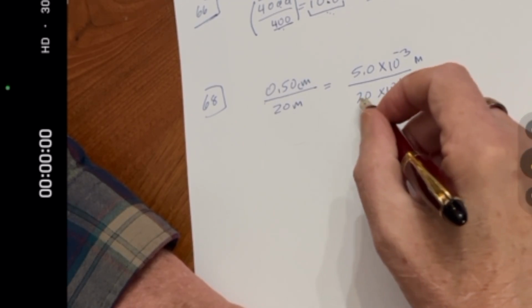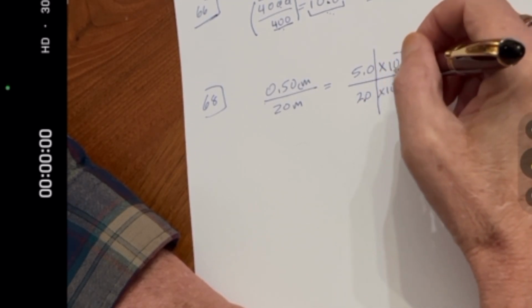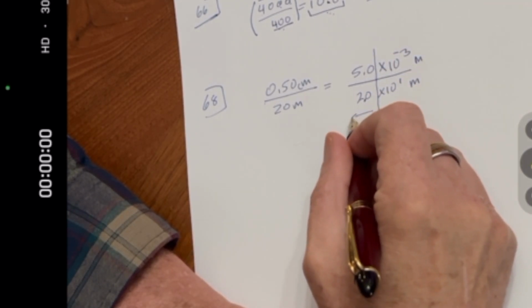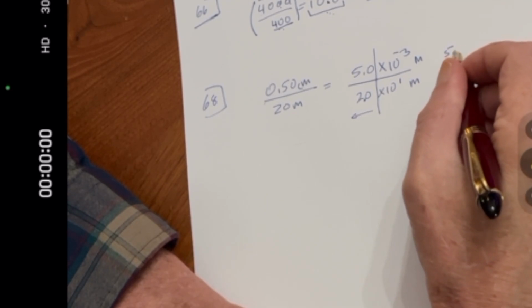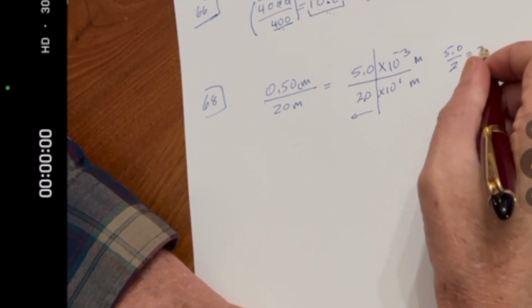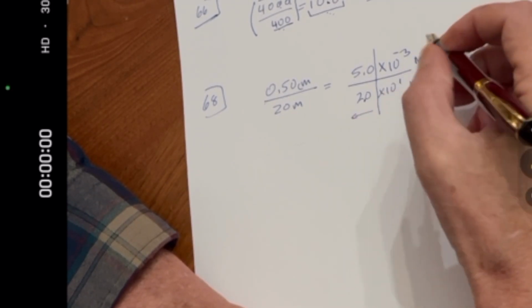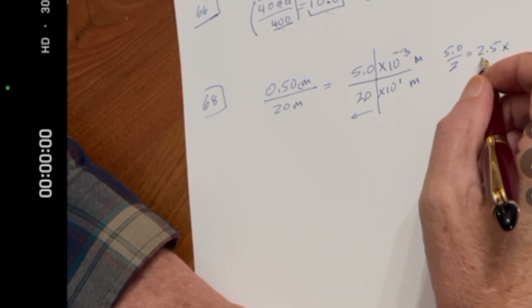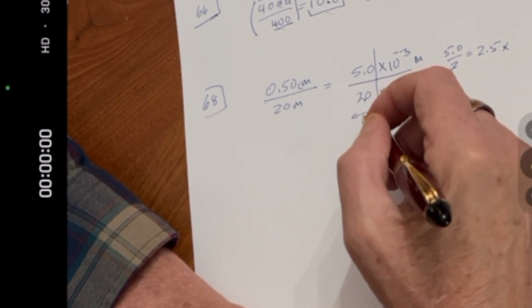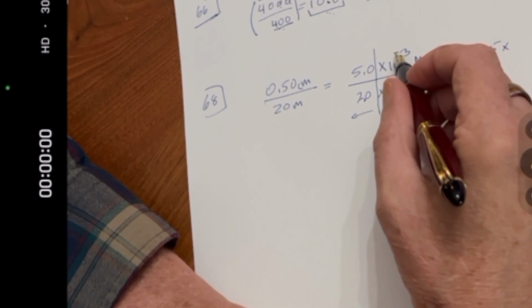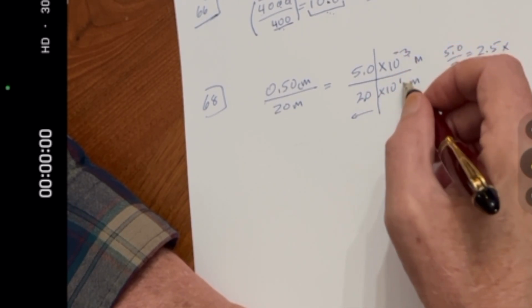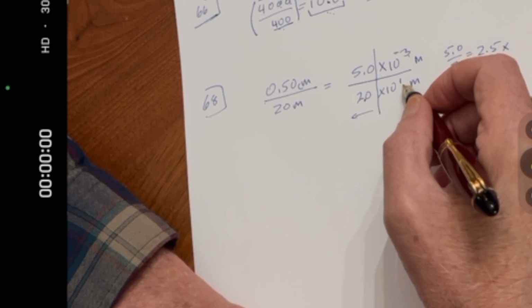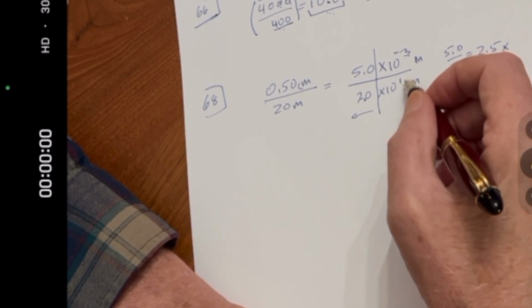Now, what is our answer? There's two parts to this. The part here will give us our number. So 5 divided by 2 equals 2.5. And then we have to figure out our magnitude. How do we figure out the magnitude? Well, we take negative 3, and since we're dividing by 10 to the 1, we have to subtract it.